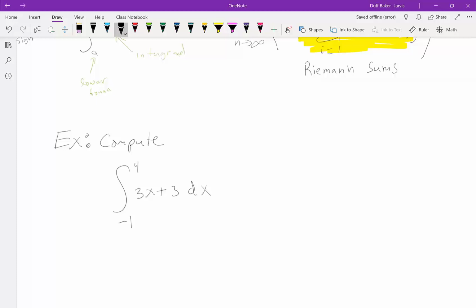Remember what this whole fancy symbol stands for: compute the area under the function, whatever's in here. That's always your f. And then you have an interval, and the interval is always from the bottom number to the top number. So always from here up to here.